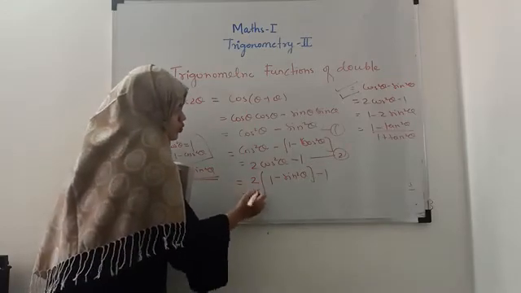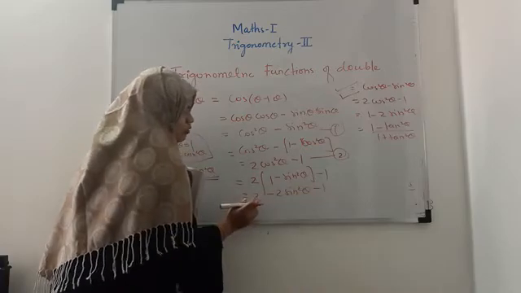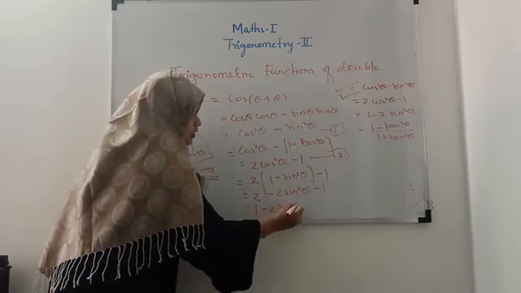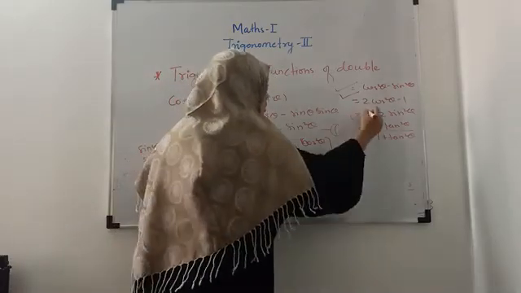Now this is 2 minus 2 times sin square theta minus 1. Now this 2 and this minus 1 will be 1 minus 2 times sin square theta. This is your third one.